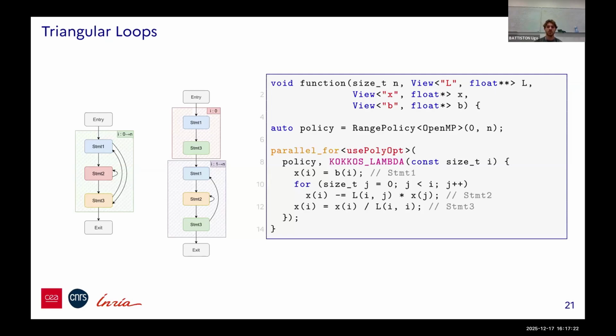So for the first iteration of E, the loop G does not exist, and in the control flow graph, you can see at the left that statement 1 has a comparison instruction to say if we are in the first iteration, go to statement 3, and else go to statement 2.